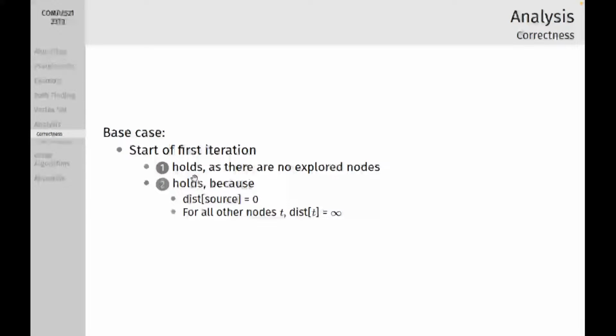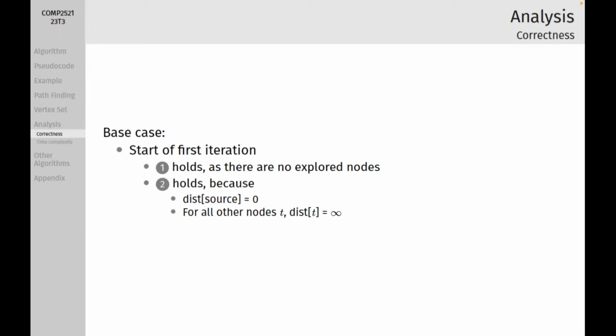And we also know that the second property holds. That's because there are no explored vertices. So for the starting vertex, the distance is obviously going to be 0, but for all other vertices, the distance is going to be infinity. All right, so that's the base case.